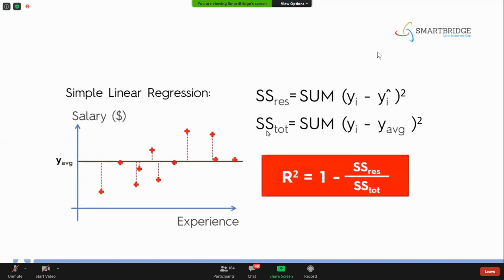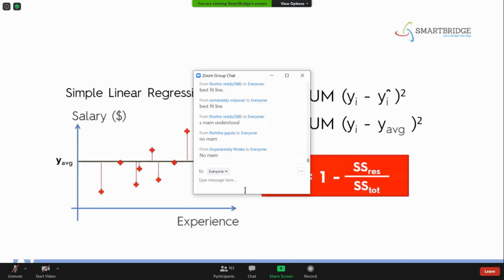Did you understand how to calculate the R2 score now? Any doubts here? Guys, any doubts here? R2 score. Understood?